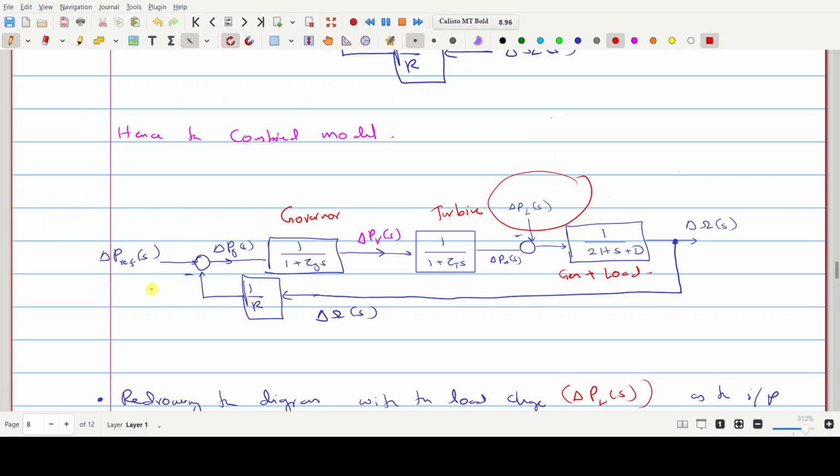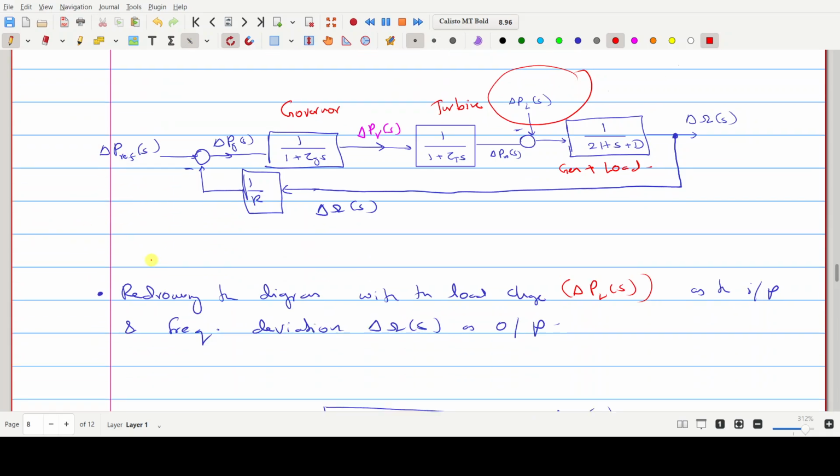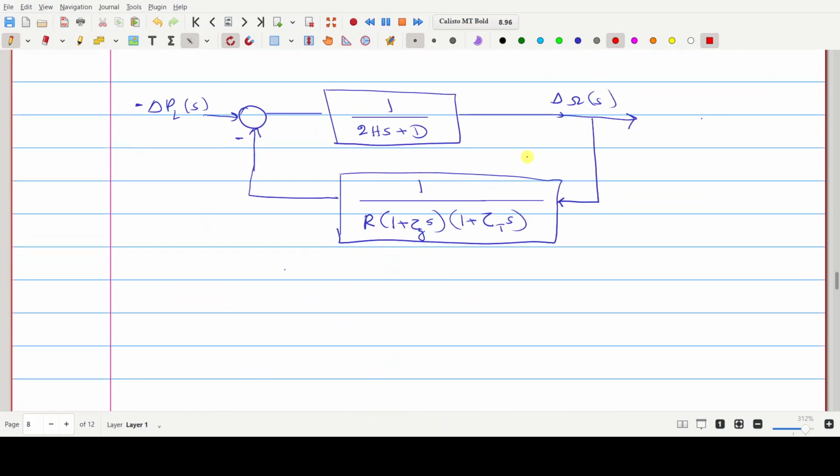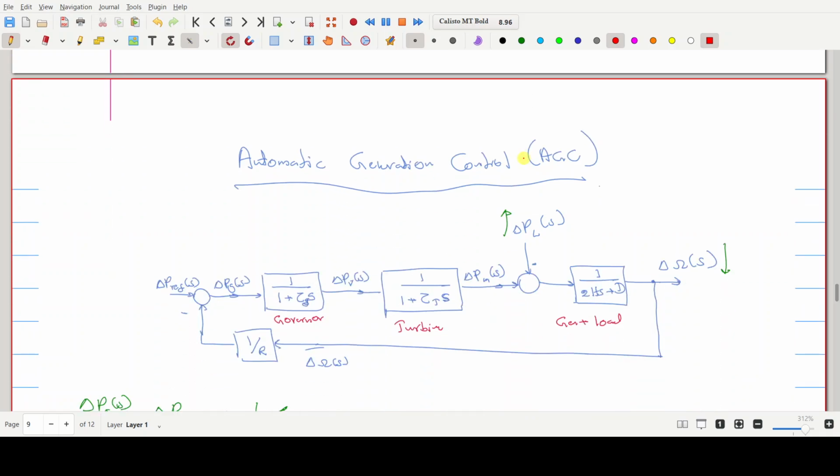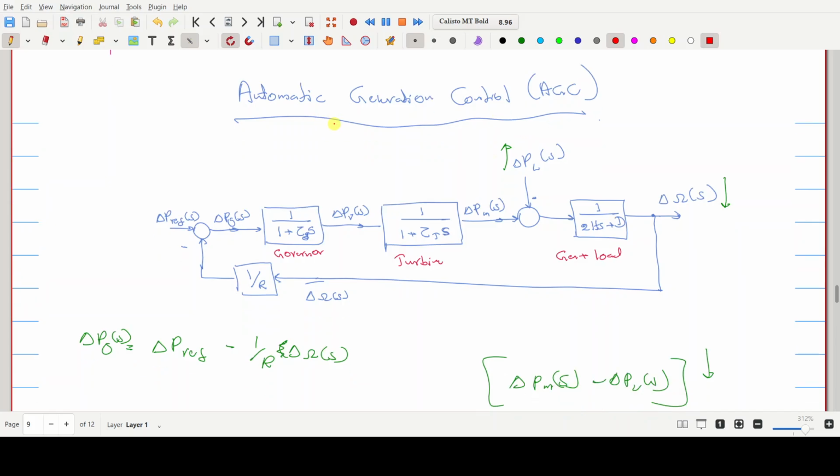So when we have set the reference point, if the power generation varies from this reference point, what will happen to the speed? Okay, and with that we will discuss the control strategy called the automatic generation control.